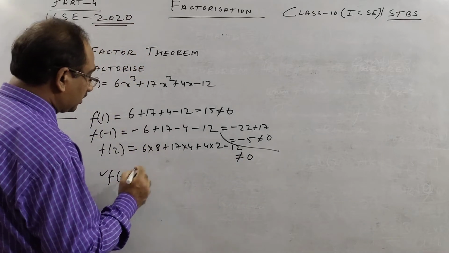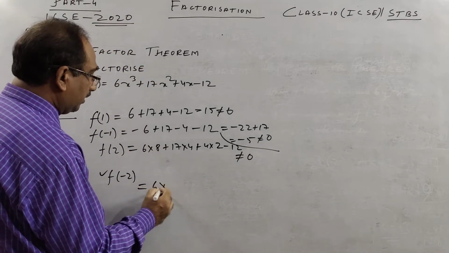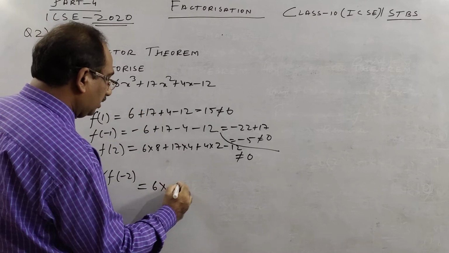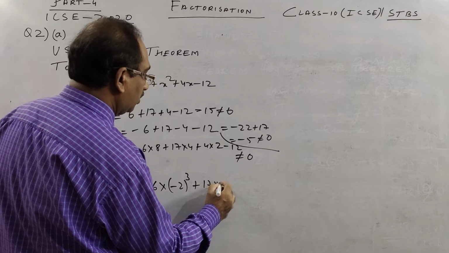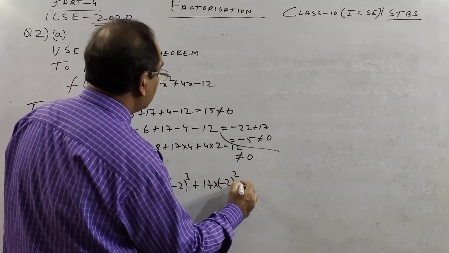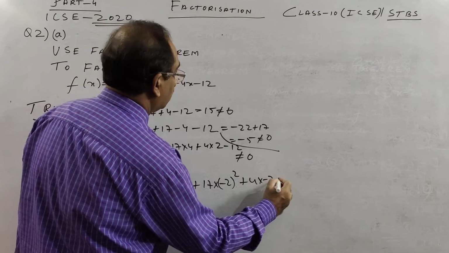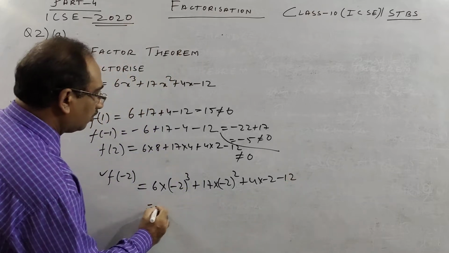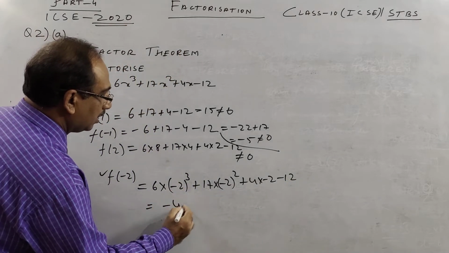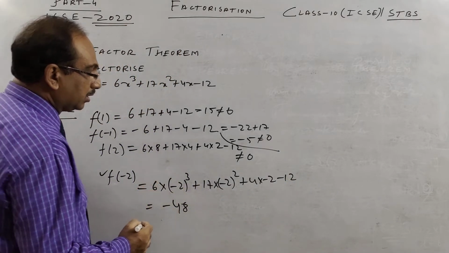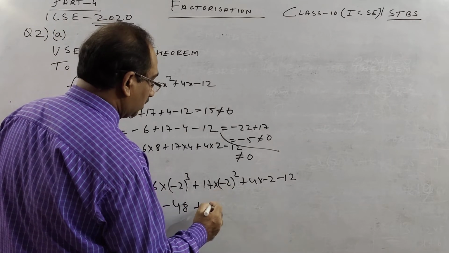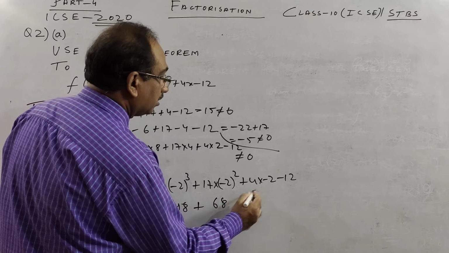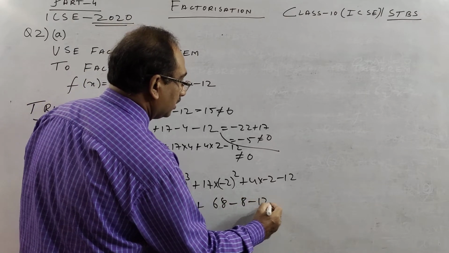So finally, I think this one we try. 6 into minus 2 cube plus 17 into minus 2 square plus 4 into minus 2 minus 12. So what do we get, children? Minus 8, 6 are 48, 17 4 are 68, minus 8 minus 12.